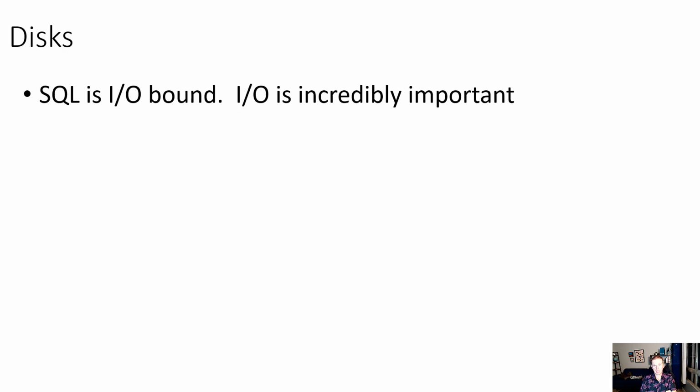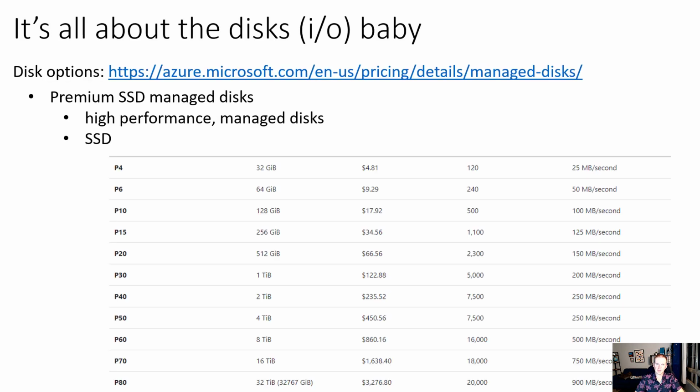So we need to plan our disks in an Azure VM very, very carefully. So remember, it's all about the disk, baby. So when we talk about disks, we're largely talking about two things. We're talking about IOPS, which is how many I/O operations per second we need.